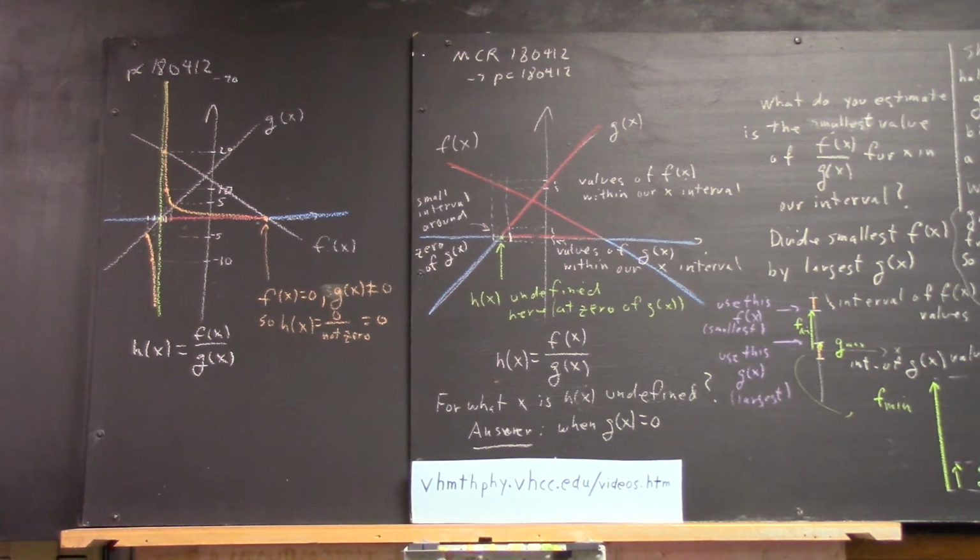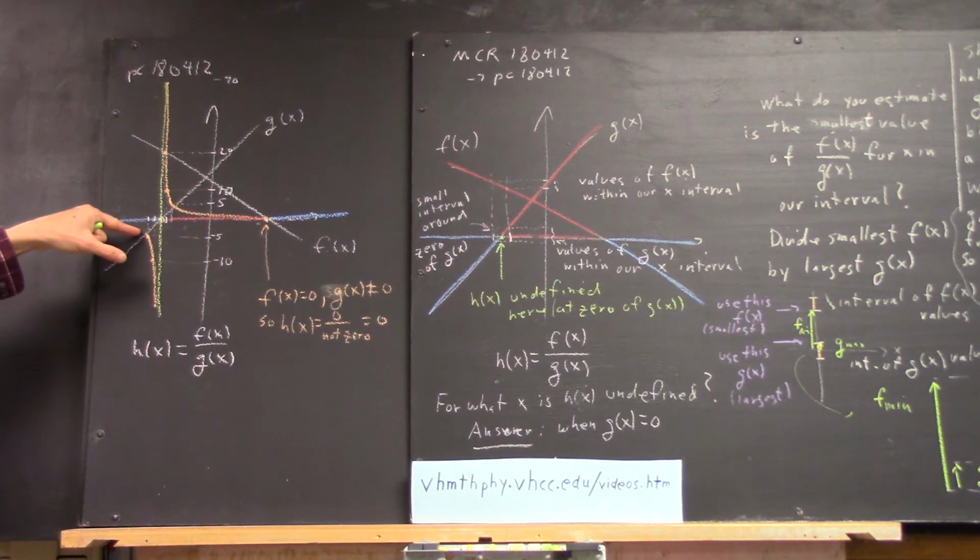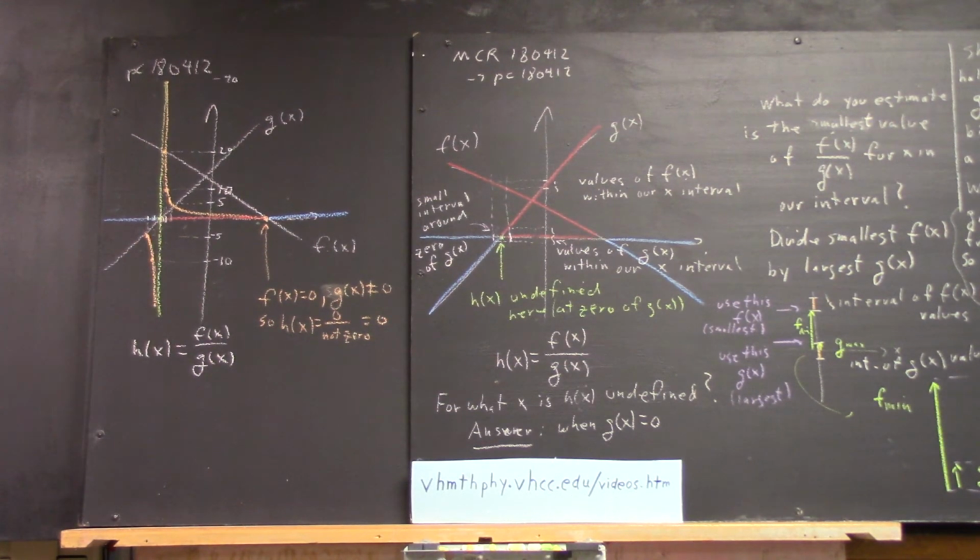What are we going to do over here? Well, it's a little less clear what happens over here. But we know that the function is going to stay negative because g is going to stay negative and f is going to stay positive, right? And of course, we've already said that it has to stay negative because of that. Okay?